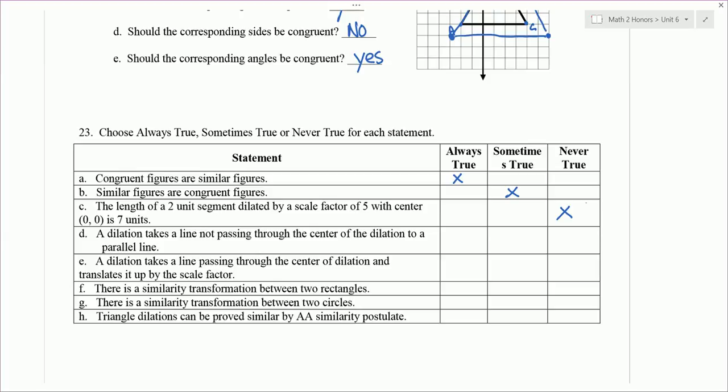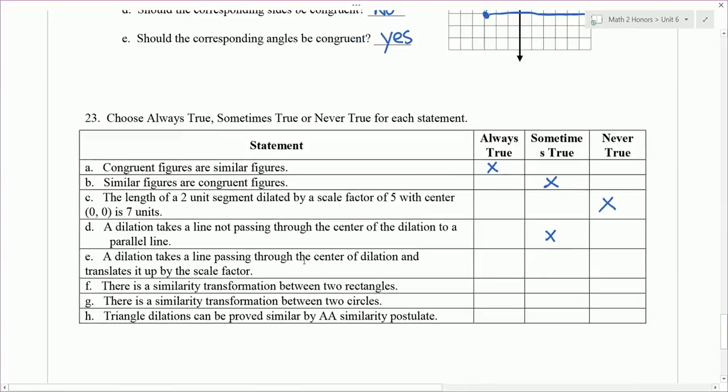A dilation takes a line not passing through the center of the dilation to a parallel line. And that's true. Always true. Part E, a dilation takes a line passing through the center of a dilation and translates it up by a scale factor. That's false. If you have a line passing through the center of this dilation, its dilation will also go through that center as well. So that's a never true.